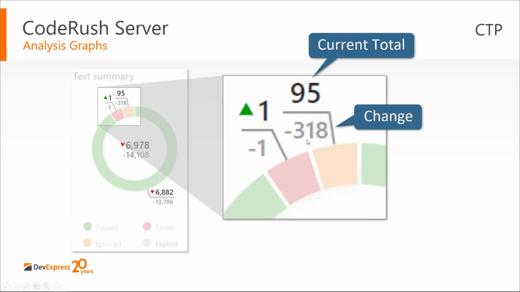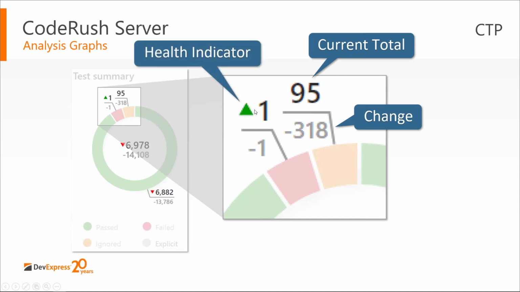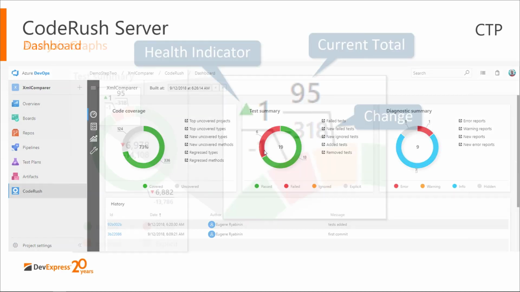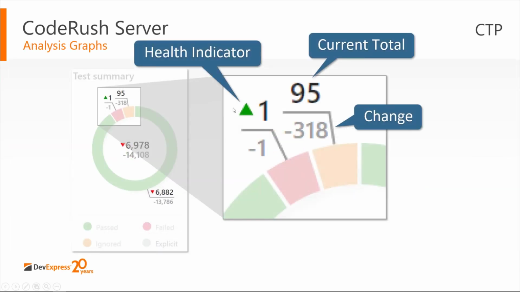And in addition to these two, if we can get a sense of overall health, improvement or decline, we will indicate it with one of these markers right here. So that's the health indicator. So in this case, we previously had 2 errors, two failing test cases in this case. And we dropped by 1, we fixed one of those. And so therefore our health has gone up in terms of the change between the baseline and this one right now.